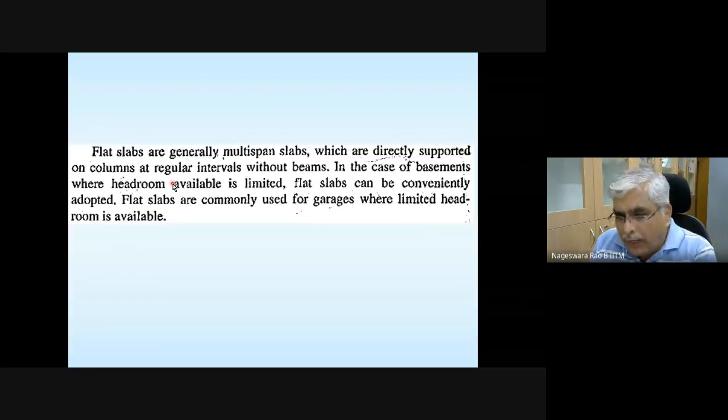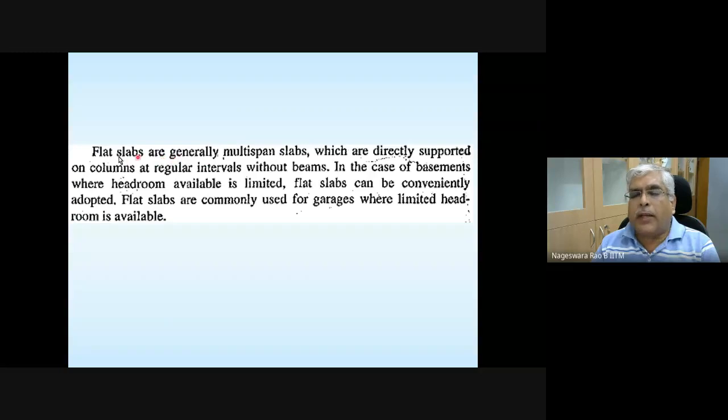And we are not going to cover this, but IS 456 also gives details about flat slabs. But for completeness, let's make a note of it. Flat slabs are generally multi-span slabs, which are directly supported on columns at regular intervals without beams. If you see all the modern or the latest constructions, especially commercial complexes, you will be seeing these flat slabs without beams.